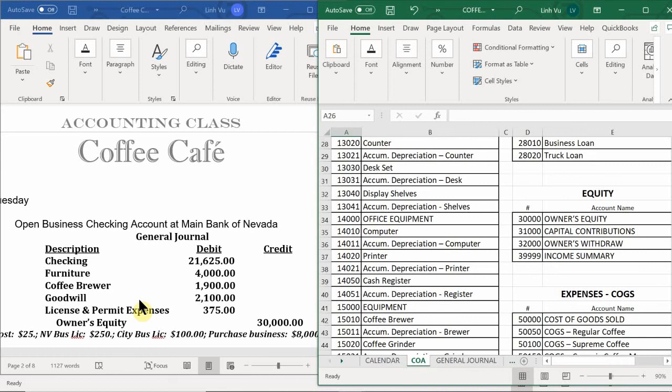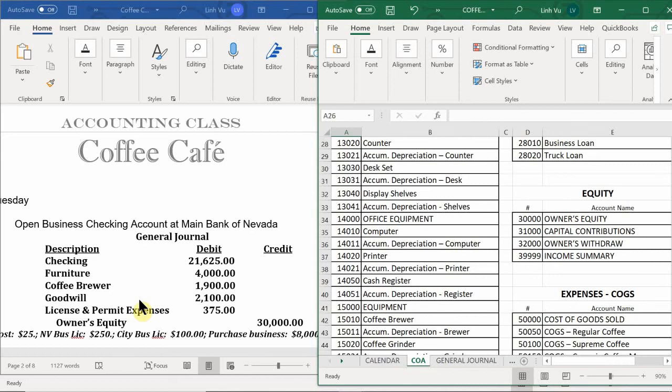You can use equipment, but at the end of the day, I also have to figure out depreciation on this, so I can't just use equipment because equipment is a broad account. Underneath it, we do have an account that specifies exactly what we bought. So in this case, I have a coffee brewer.